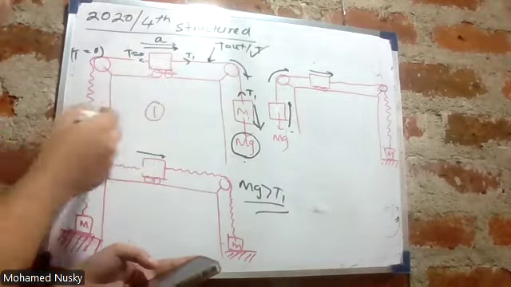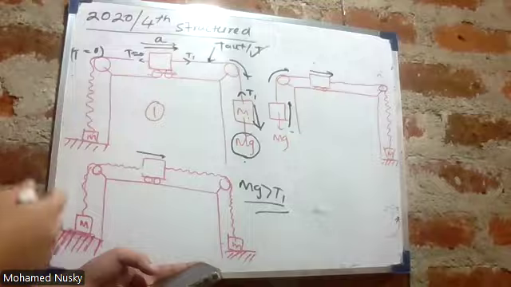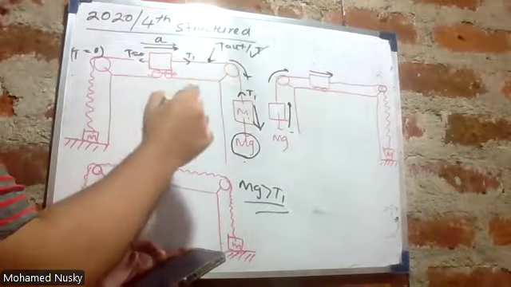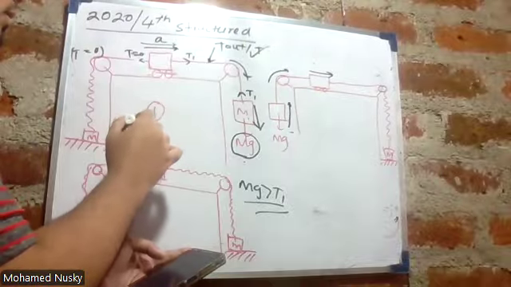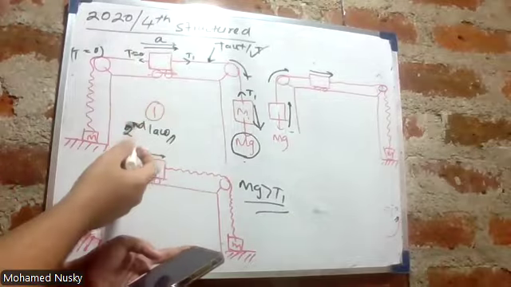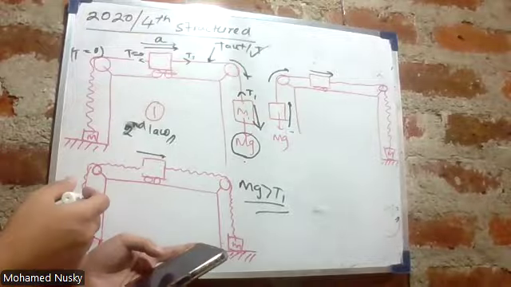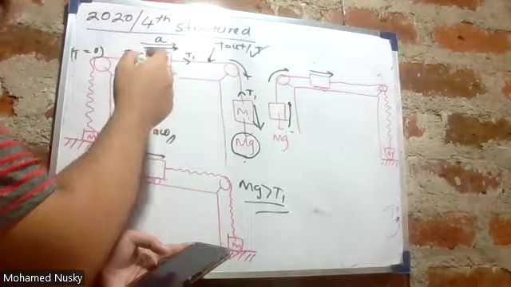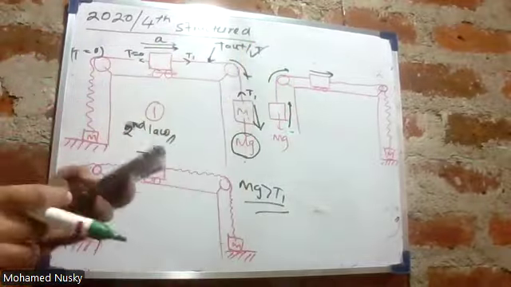There is a force. Because there is a force, there will be acceleration. What is this law? This is Newton's second law. If there is a force, there will be acceleration in the body. So what is happening to this trolley? The trolley is uniformly accelerating in the forward direction.